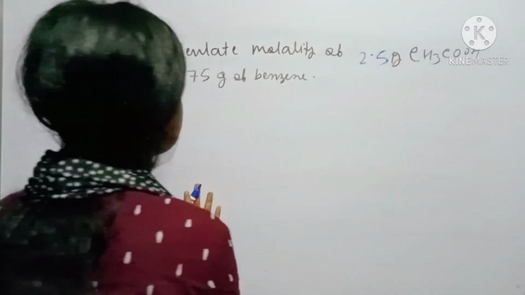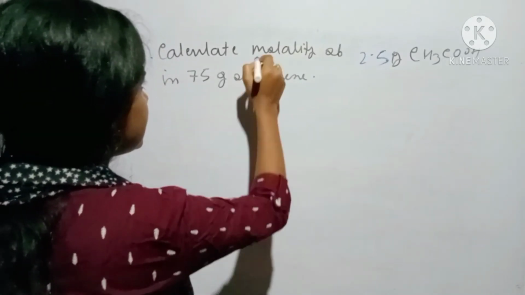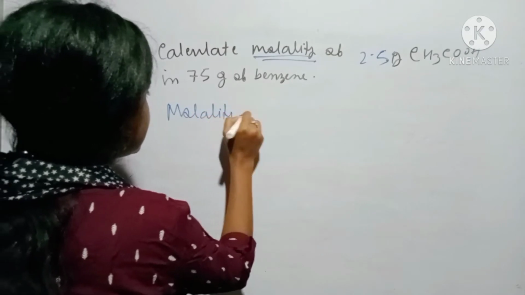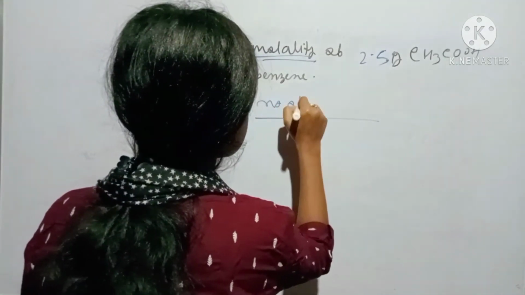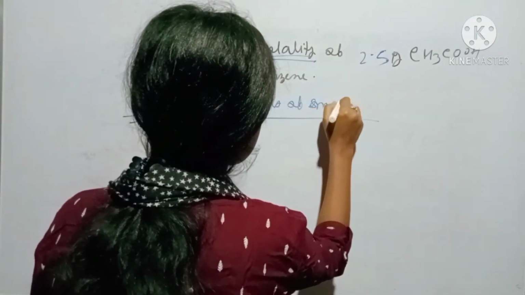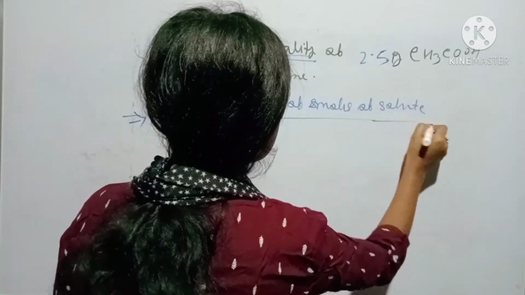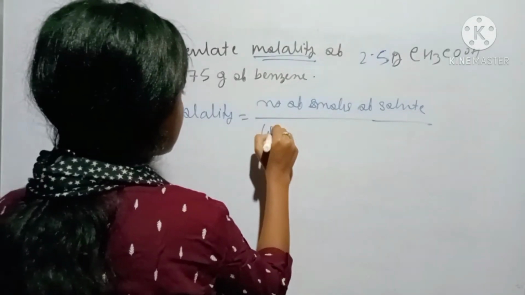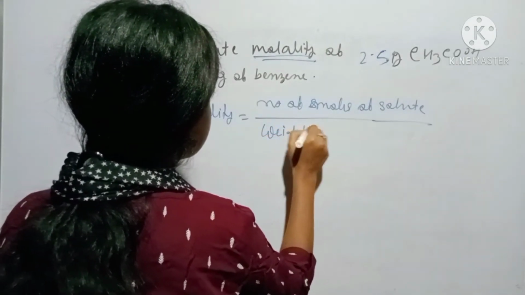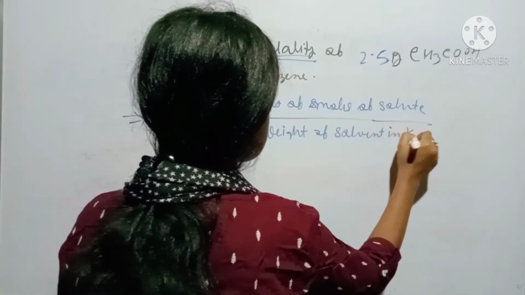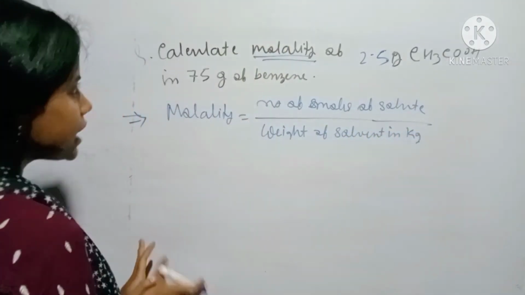Here we have to calculate the molality. And what is molality? Molality is the number of moles of solute divided by weight of solvent in kg. So it seems like it's very easy.